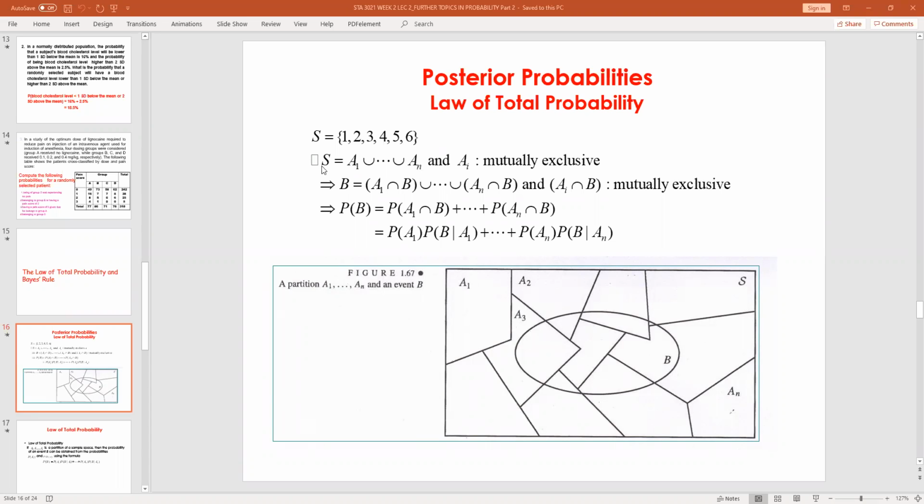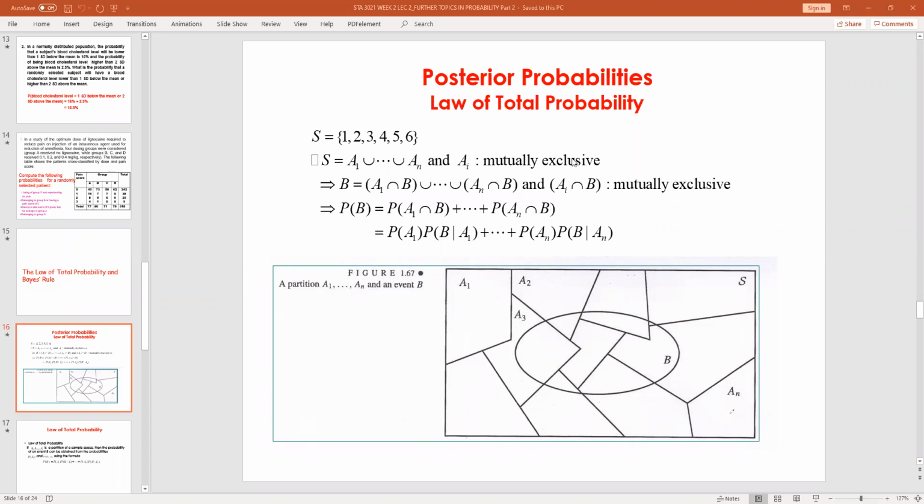Now, the sample space is going to be A1 through AN, because either you are in this class right now and you can't be in another class. That is categorical. When I pull all the classes together, of course, I'm going to have the sample space, which means all the events right here are mutually exclusive. You belong to only one at a time.